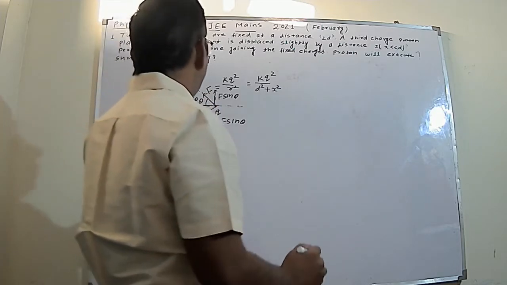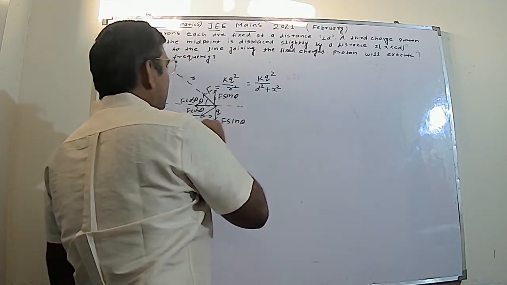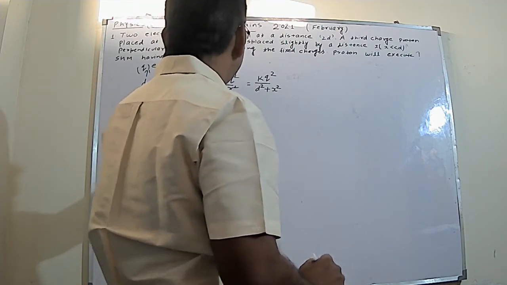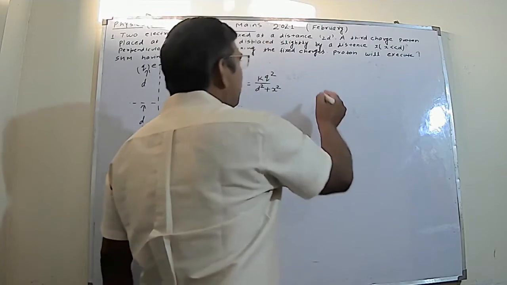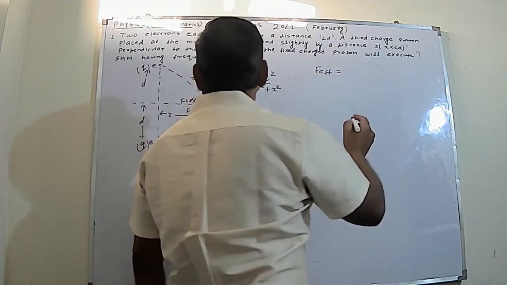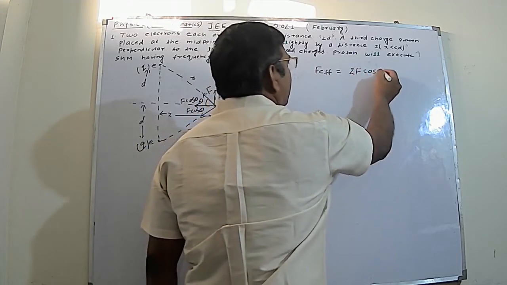We can see that the vertical components will cancel because both are equal, and the horizontal components will add up. So what will be the total F effective? F effective will be 2f cos theta.